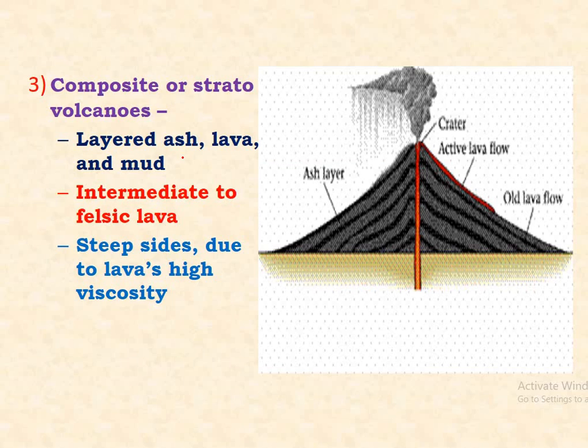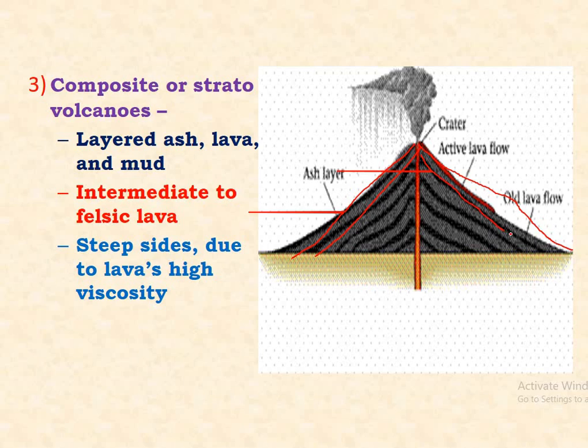In this, layered ash, lava and mud are found. Intermediate to felsic lava composition. The sides are very steep due to lava's high viscosity.